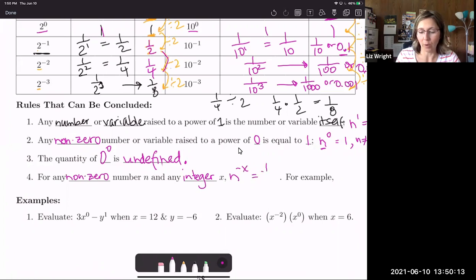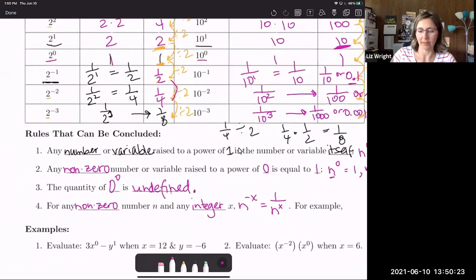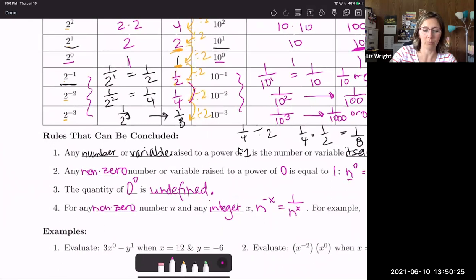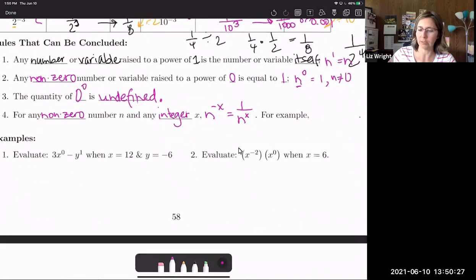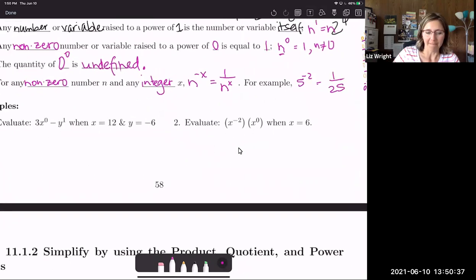We can write that as 1 over n to the positive x. So for example, and we did those up above, here was the rule for those situations. If we have something like 5 to the negative second power, that's going to equal 1 over 25. So you can write it like that.